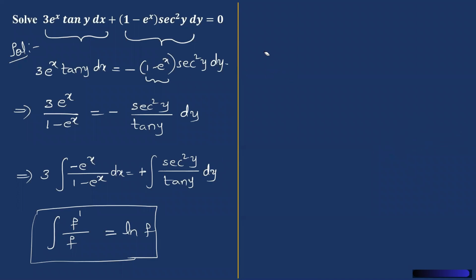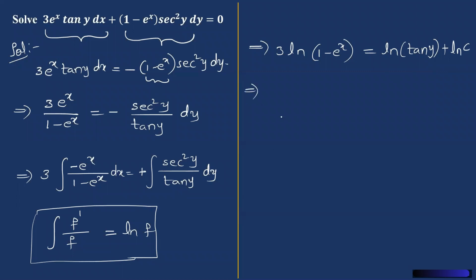When you use this, see what happens. It implies 3 into, it is just exactly f dash by f now. So when it is integration of f dash by f, as we know, it is log of f, where f is in the denominator, 1 minus e power x, is equal to, the same thing here also, you see, it's like f dash by f. So it is log of tan y plus, obviously, we take one integrating constant, let us say log c.